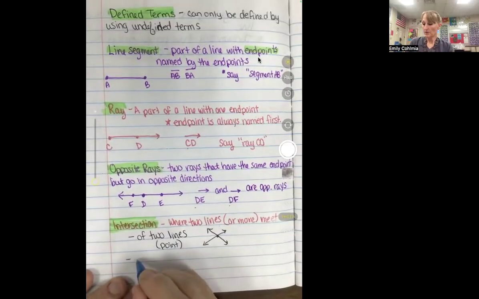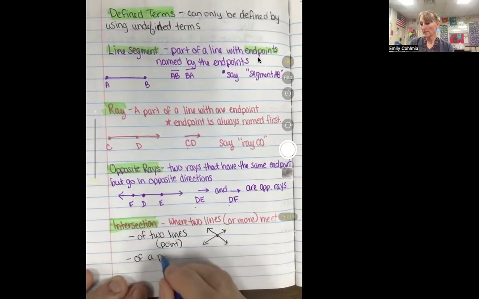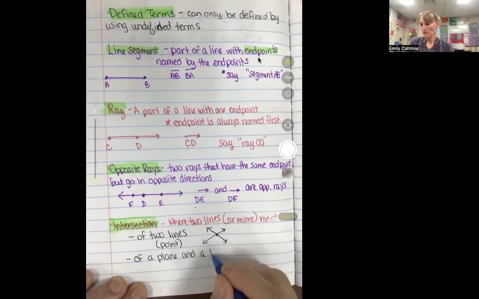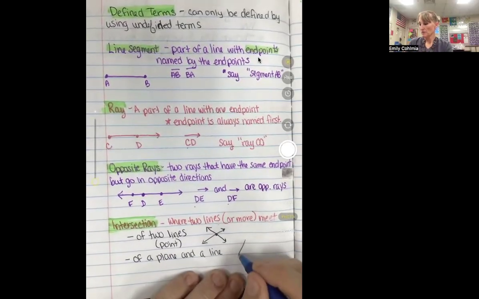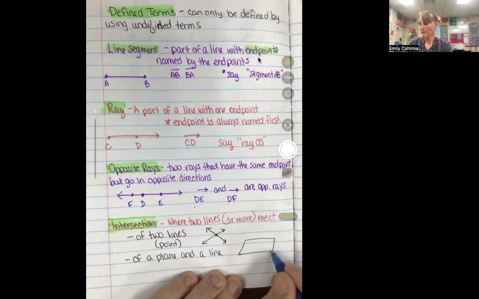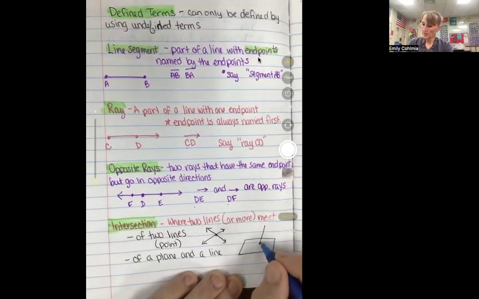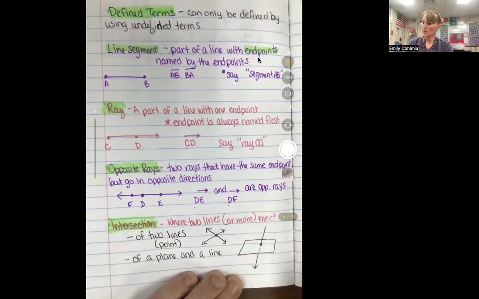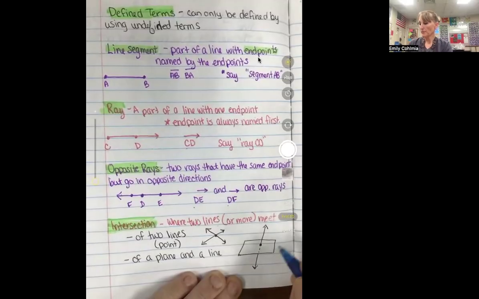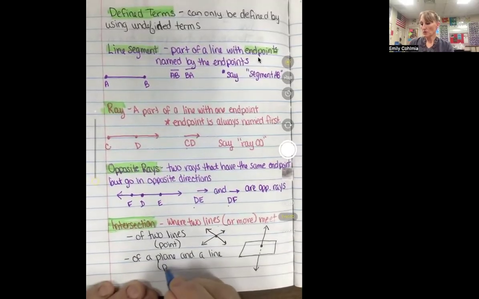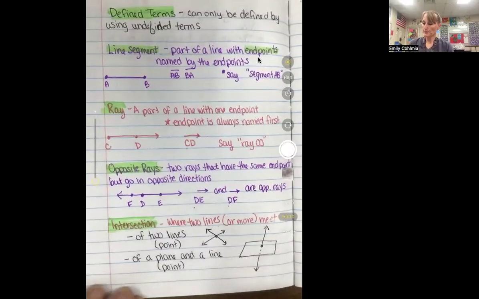You can also have an intersection of a plane and a line. Here's my plane. You have a line that's going to go through it. It's going to stop, and then we're going to do this. So these dotted lines are just showing you that it's behind. This one is also going to intersect at a point.